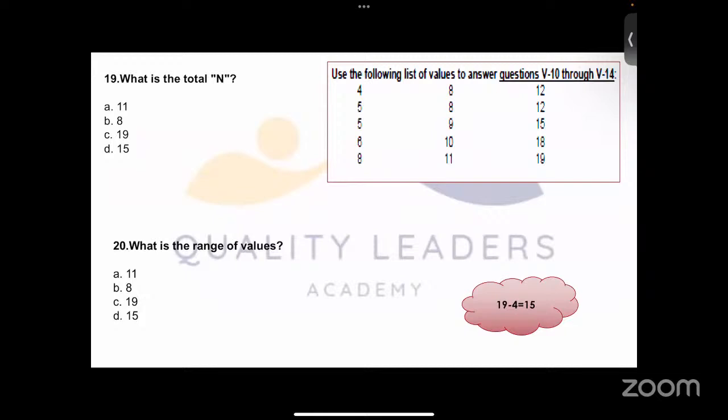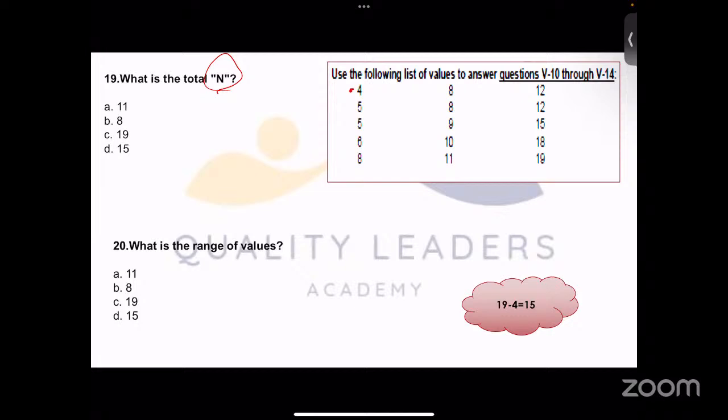Number 19, what is the total big N? Letter A, 11, B, 8, C, 19, D, 15. Okay, in here, I have a table and I need to analyze it. So the table is showing the total N, which is the population. This is the population count. So how many values do I have?